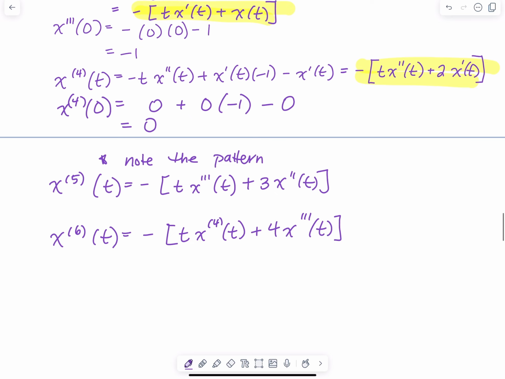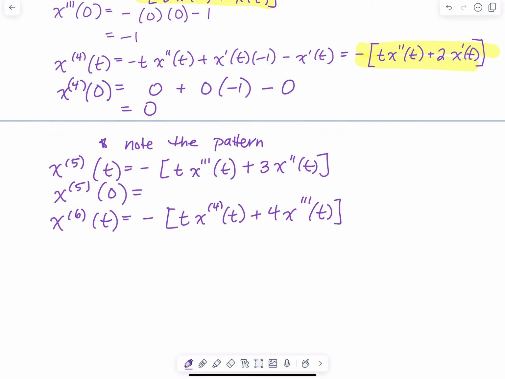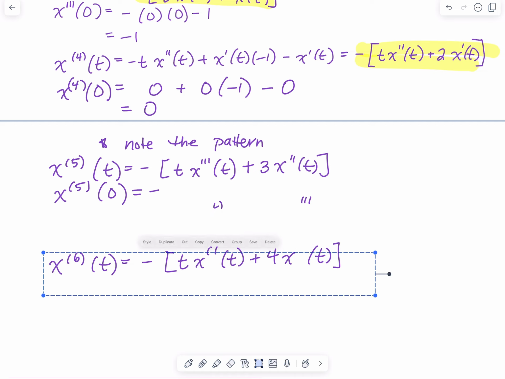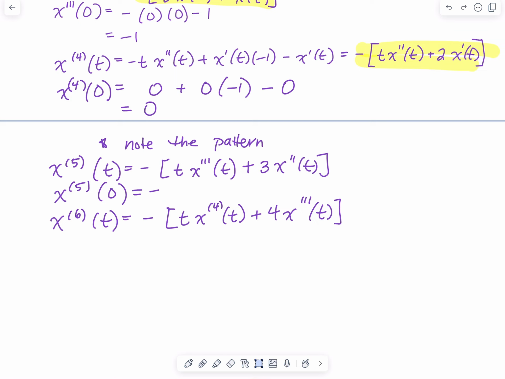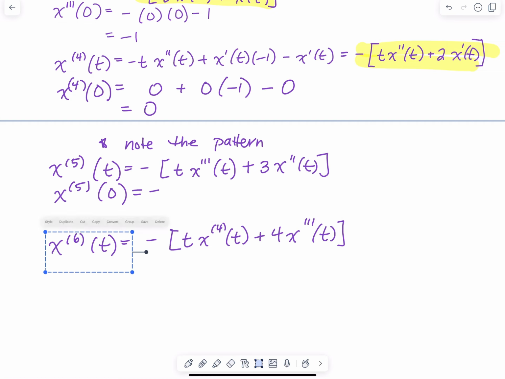Let's go ahead and evaluate this fifth derivative at 0, and as you can see, this first term is going to be 0, but we just need the opposite of 3 times that second derivative. See if we can go ahead and plug those in.